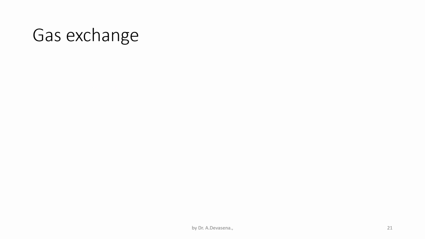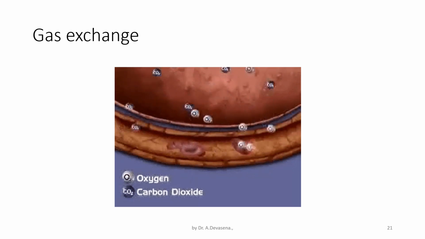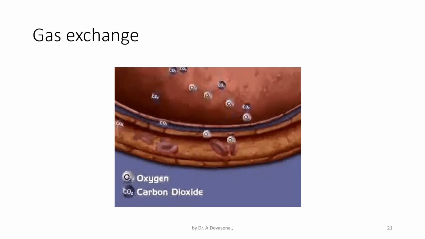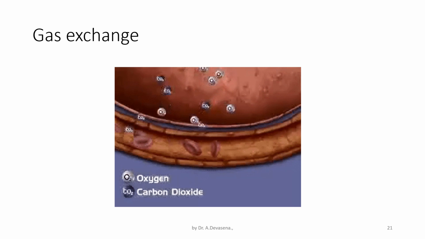Let's see another animation of gas exchange. The impure blood from the heart is carried by the pulmonary artery, which contains a rich amount of carbon dioxide that is passed to the lungs. In the lungs, a sufficient amount of oxygen is present.